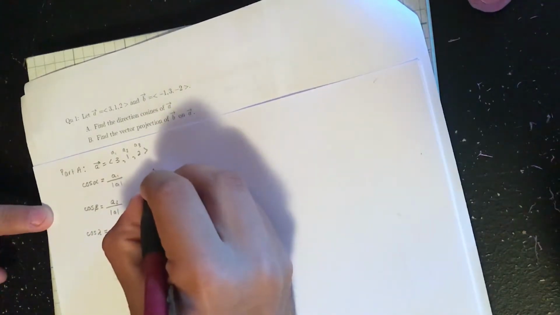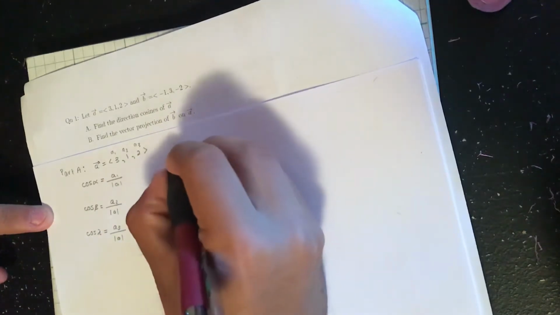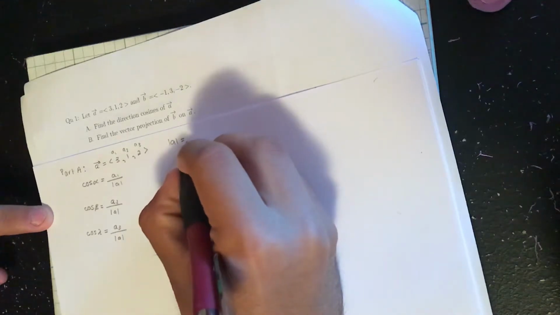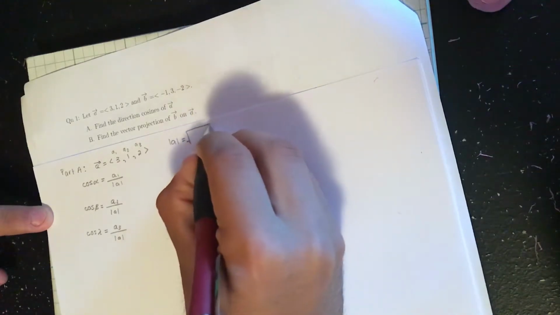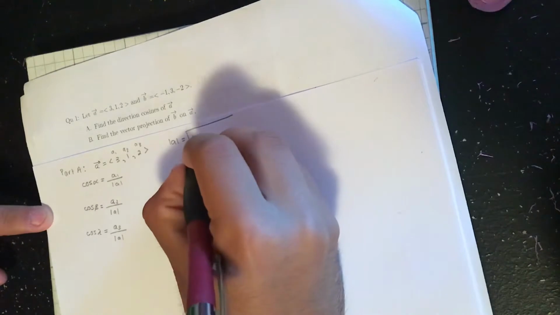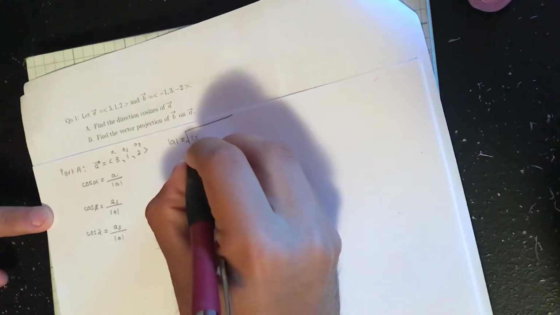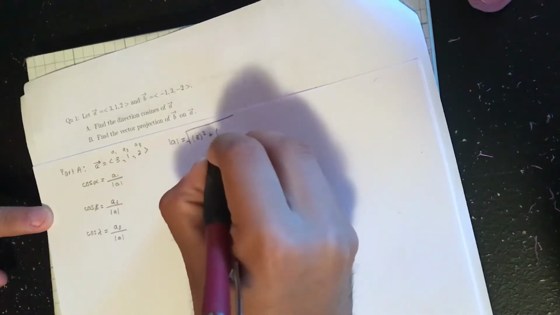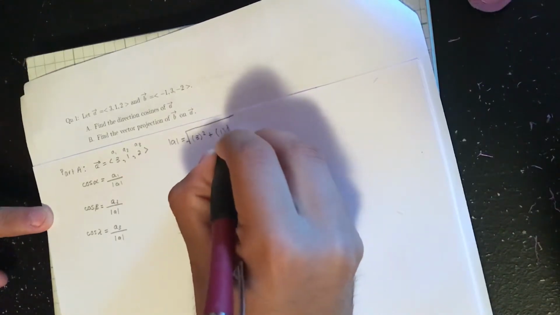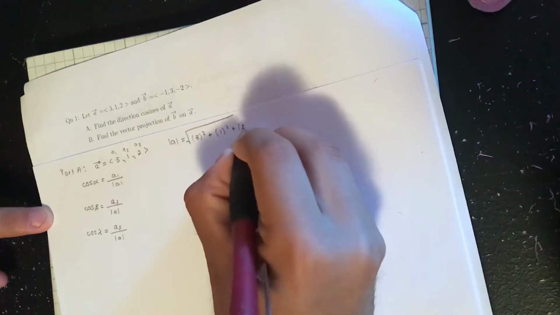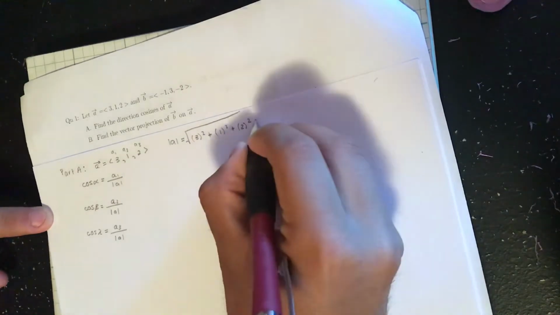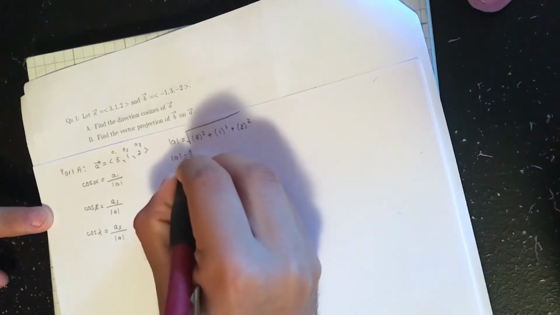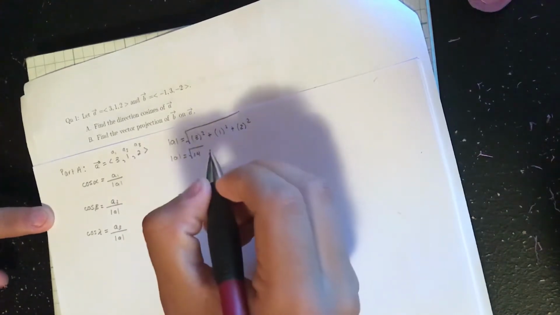So we can find the magnitude of vector A by doing the square root of each component squared. So we have 3 squared plus 1 squared plus 2 squared, which gives us the magnitude of A as the square root of 14.